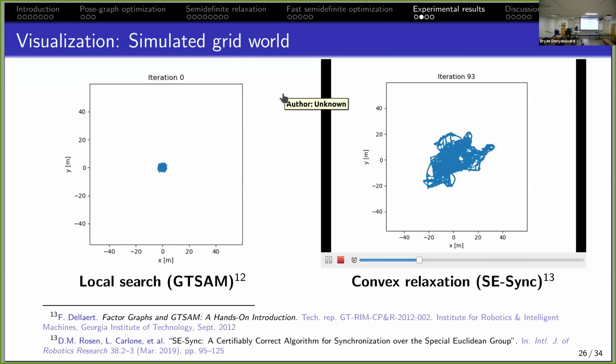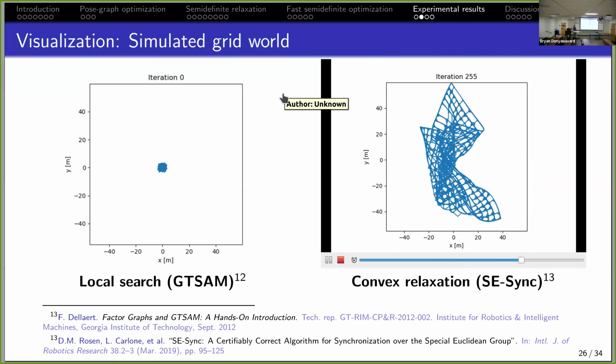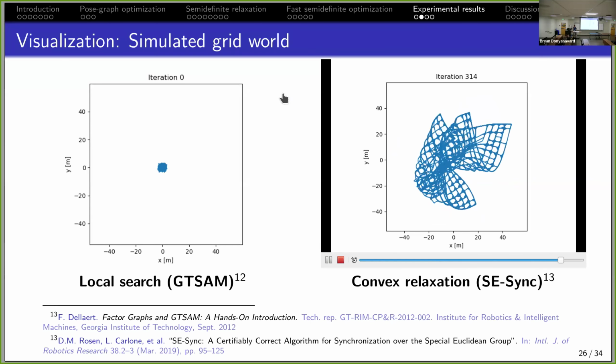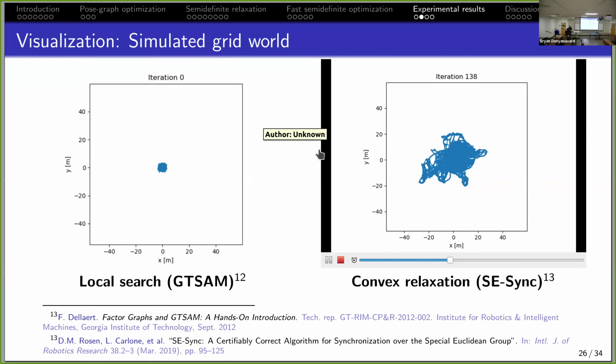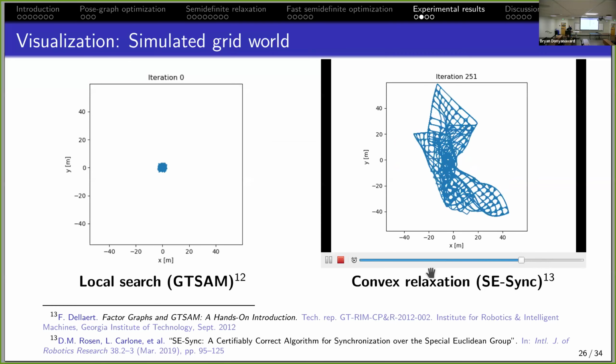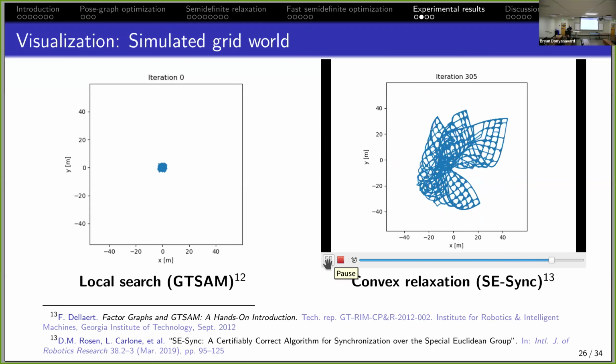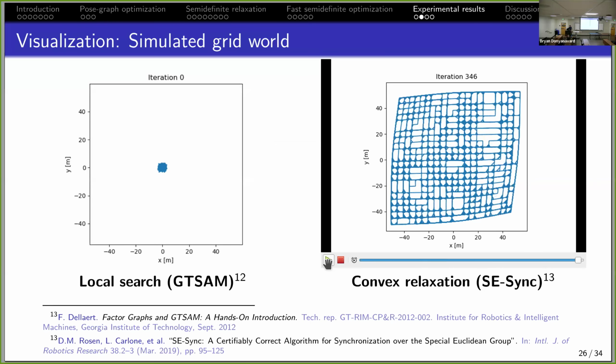Because we have embedded our original problem into a much higher dimensional space, our algorithm is able to exploit these additional degrees of freedom to slide things past each other in a way that is not possible if you are constrained to the original low dimensional configuration space you started with. The punchline is that at the end of this, we were able to escape from these bad local minima and converge to a correct, globally optimal configuration for this map. You can see it unfold into the proper configuration.